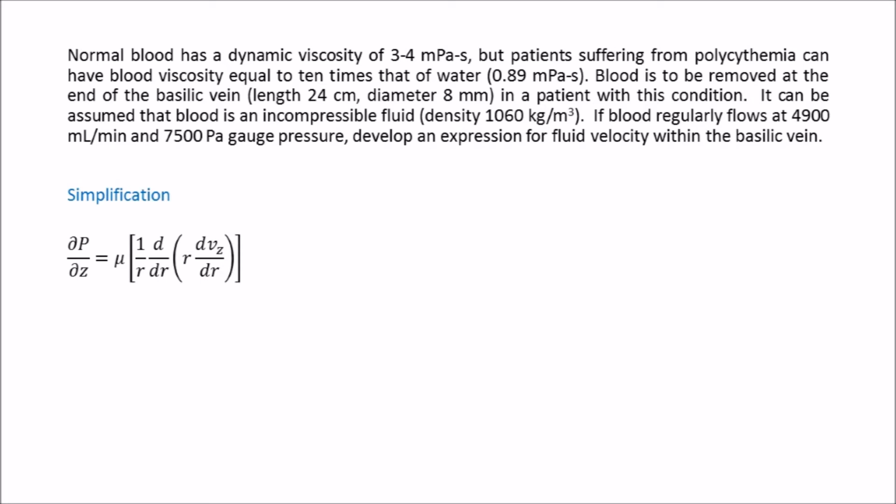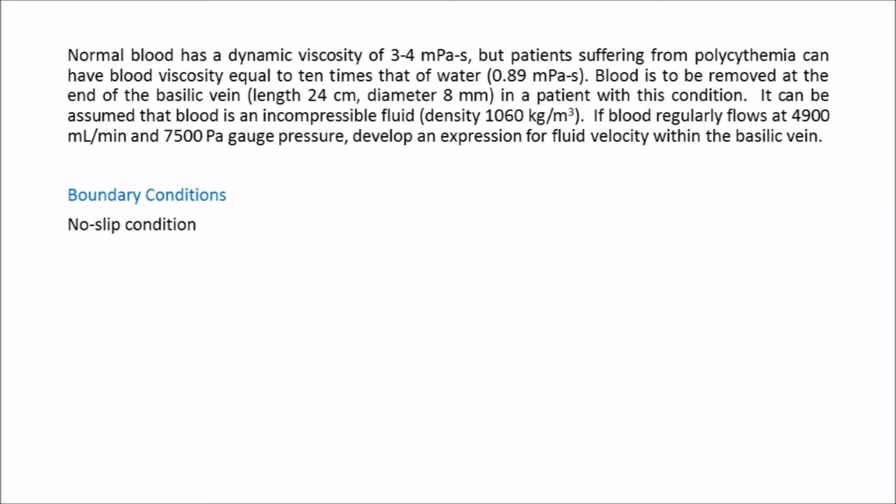Because Vz varies only with r, we can replace the partial derivative operators with total derivatives. Similarly, pressure depends only on the z direction, and the left-hand side of the equation can also be represented as a total derivative. Solving this equation will require two boundary conditions. The first we can get from the no-slip condition, which tells us that velocity at the wall is equal to 0.